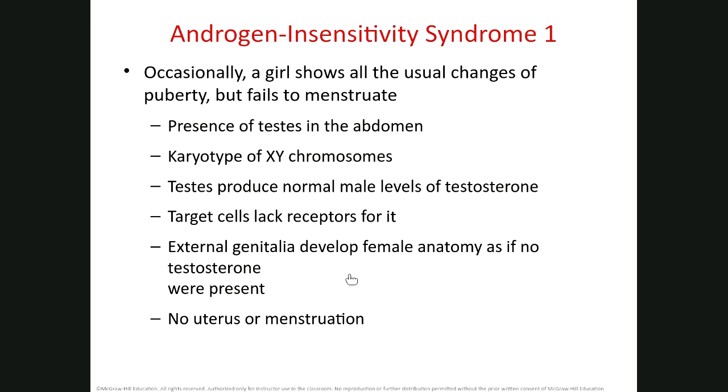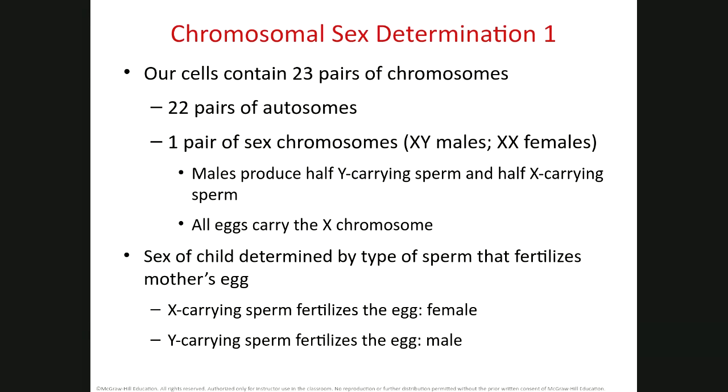So you will have external genitalia develop female anatomy as if no testosterone were present. There will be no uterus or menstruation because it's really more of a male, but there were just no receptors for the male hormone. We call it androgen insensitivity syndrome.